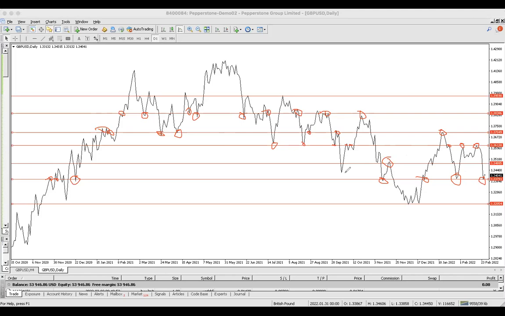A reaction, usually, could be a reversal. So now, if you are a trader, you've probably seen some people who use maybe 20 as a lot size, some people use 10 as a lot size. Why? Because they trade these areas, where price will usually react only maybe 10 to 20 pips.